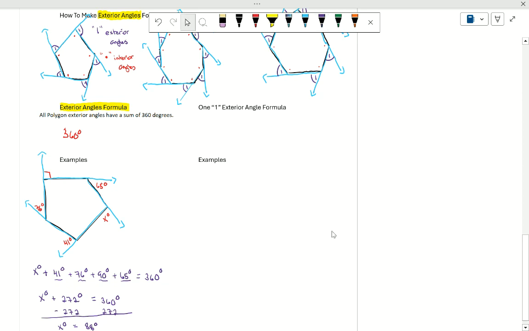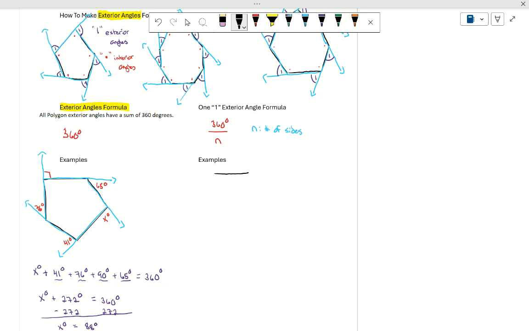Okay, and then that brings us to our next example, which is, what is the formula for one exterior angle? So the one exterior angle formula, pretty easy formula. It's 360 degrees divided by n. And just like in the interior angle formula, n stands for the number of sides of the shape. So what does that mean? Here's what that means.